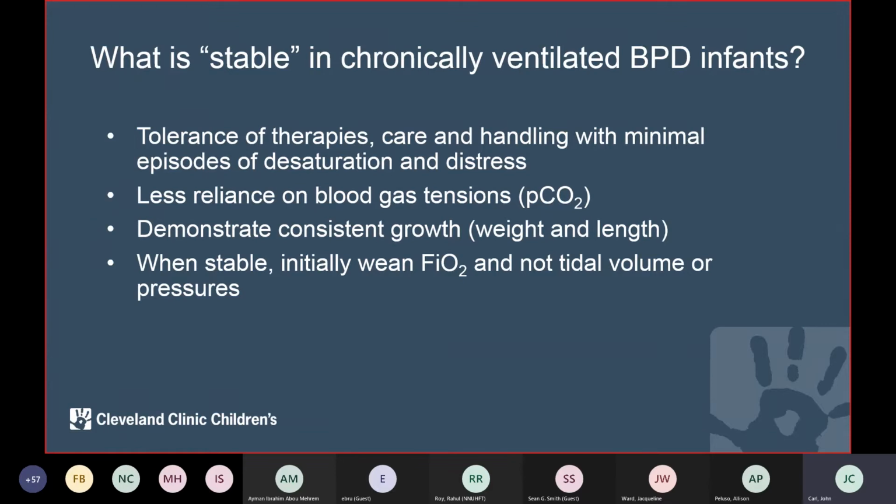The strategy needs to be managed in part because we have to overcome and support these children. So the tolerance of therapies during care and handling with minimal episodes of desaturation and distress.